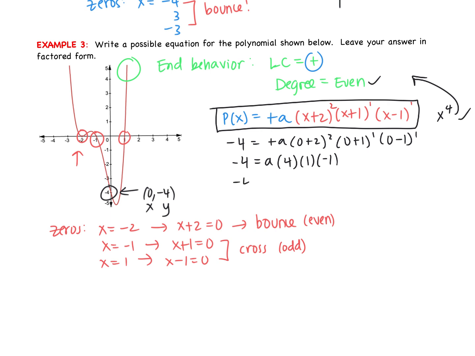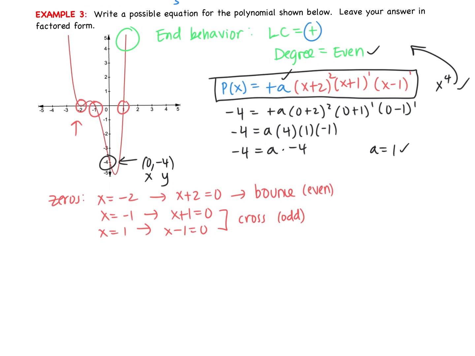So we get then negative 4 is equal to a times negative 4. So we end up with an a value of 1, and that's positive, which we knew it was going to be. So then what we really know is that our equation is p of x is equal to positive 1 times x plus 2 squared, x plus 1, x minus 1.